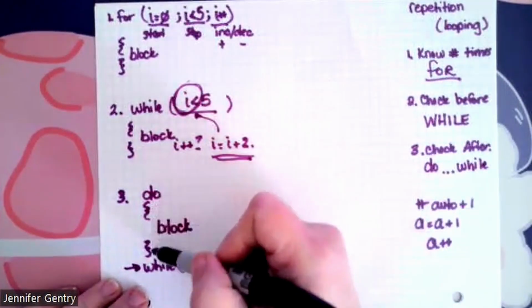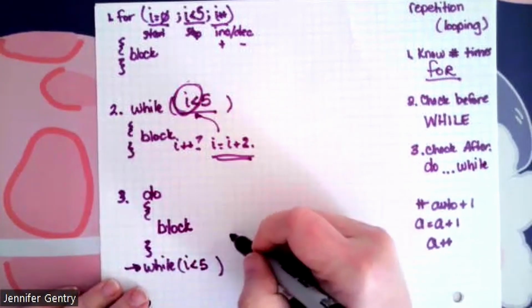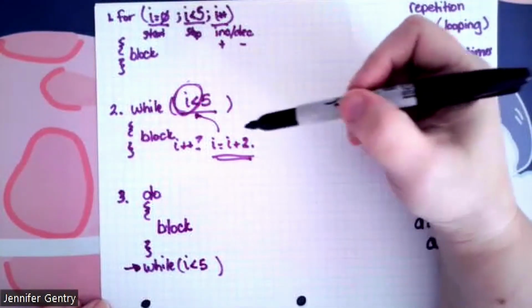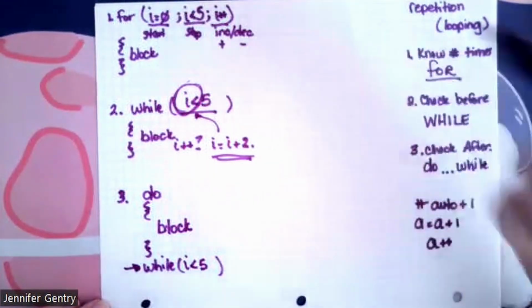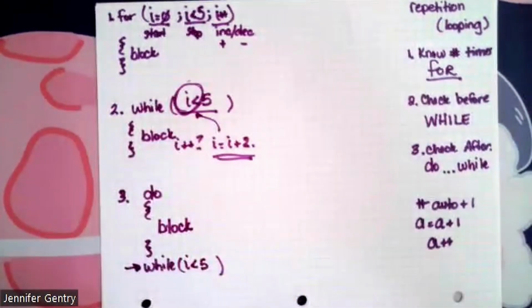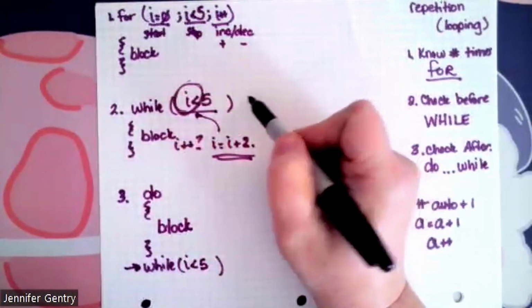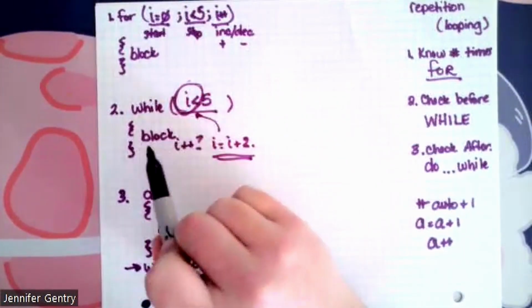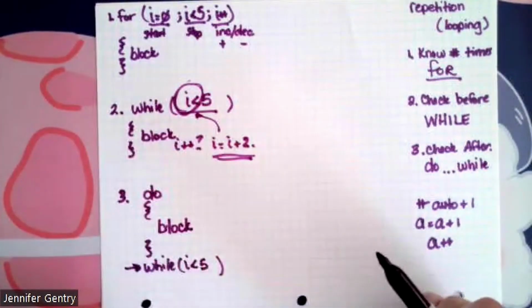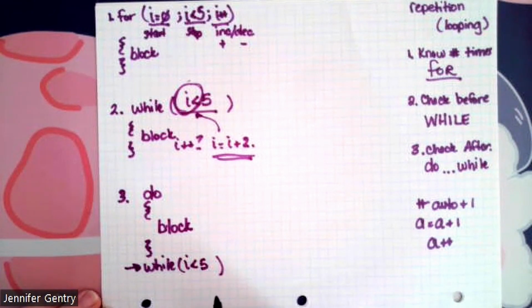So you're going to do these steps while I is less than 5. So you're always going to do this 1 time. In the plain while, you have the ability to possibly skip that block of code altogether for the first time. Because if I come in here and my I is already at 10, it's going to skip all of this. In the do while, it's going to do the block and then say, what is my I? So that's the biggest difference between those two.